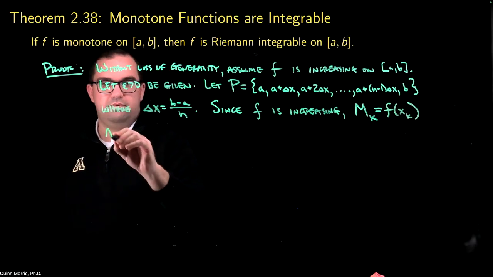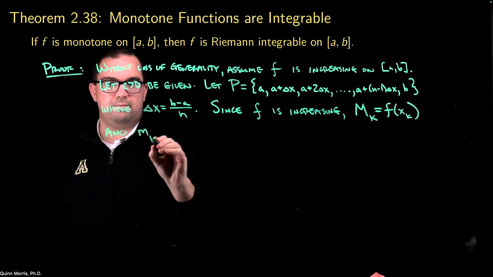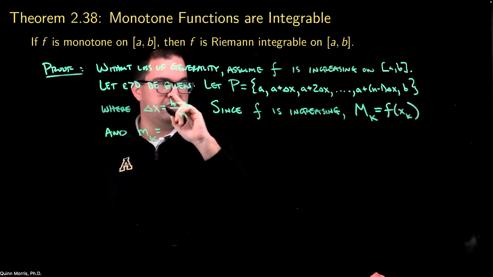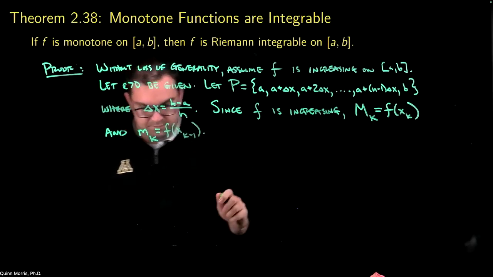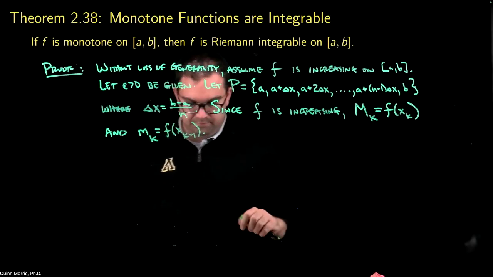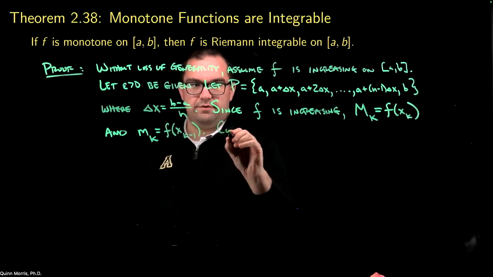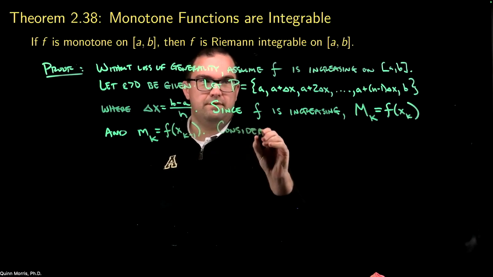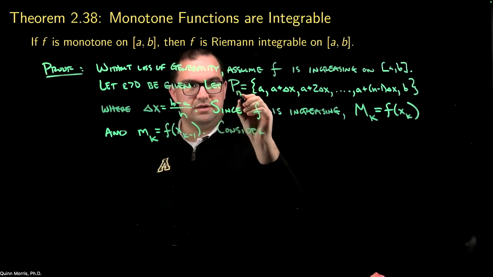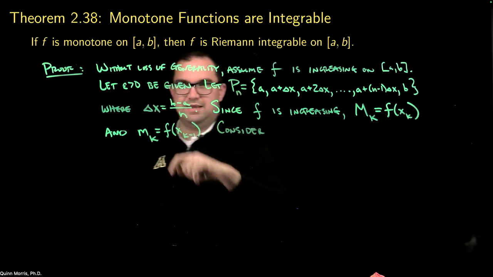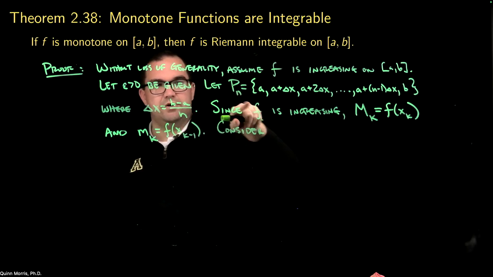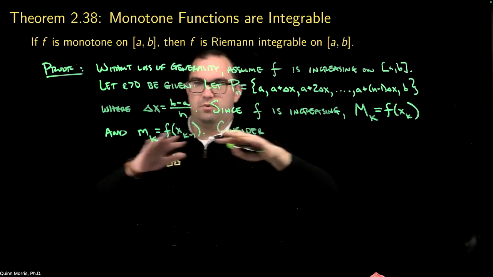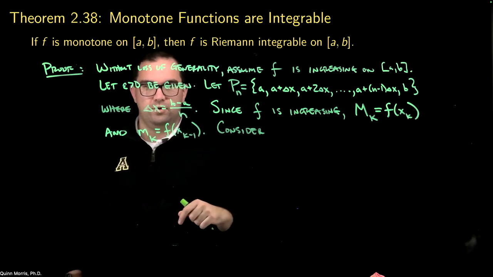And the minimum value must occur at the left-hand endpoint. Now, sorry, I wanted to call this P sub n, right? This depends on how many points I take in my partition. So that makes you think of this as defining a whole family of partitions. For each n, I get a slightly different partition that just has more points in it.